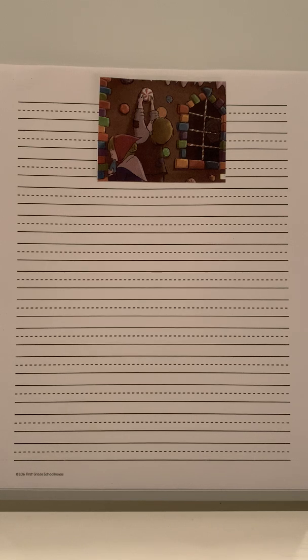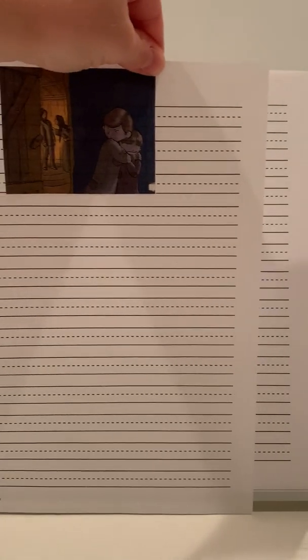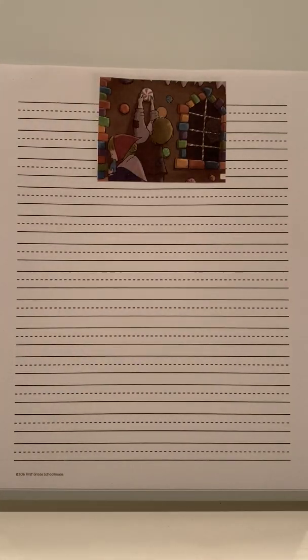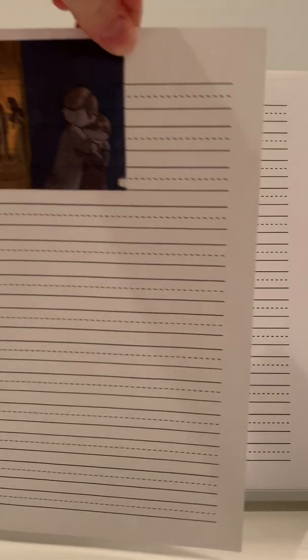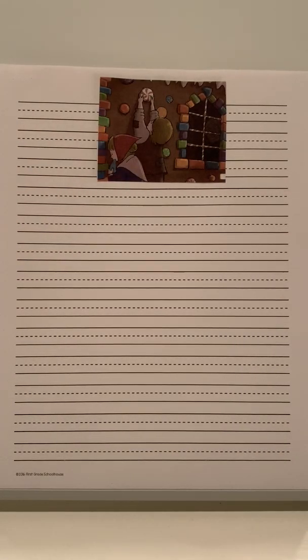Okay, now you'll notice that there's some pictures of the story missing between this picture and this picture. But that's because, remember, we aren't rewriting the entire story. So what you have to do is make sure you include the details that happened between this picture and this picture.